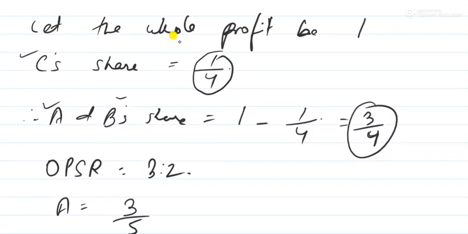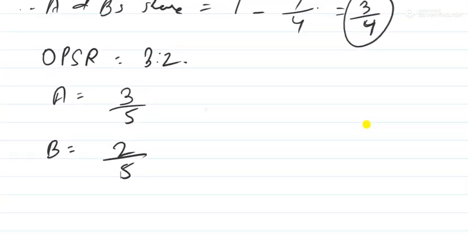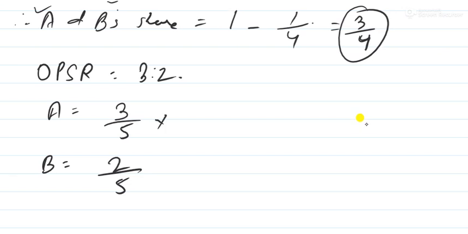Now when they tell you that the new partner will get the share in the old profit sharing ratio, it means you will have to divide. Already told you that this is to be divided between A and B in the old profit sharing ratio. So we'll multiply the old profit sharing ratio with 3 by 4.